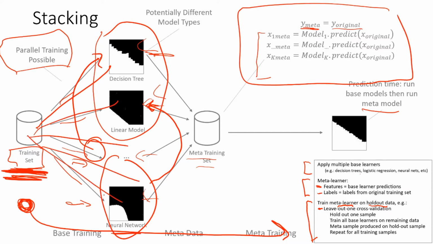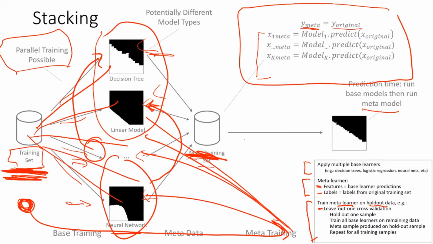Then you would apply those base models to your holdout sample and produce a meta training sample just on that one holdout sample. Okay, so now you have one training sample for your meta model that was not influenced by having any of the base models trained on it. You don't want to train and evaluate on the same data.